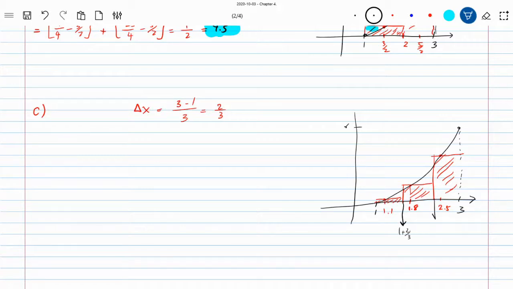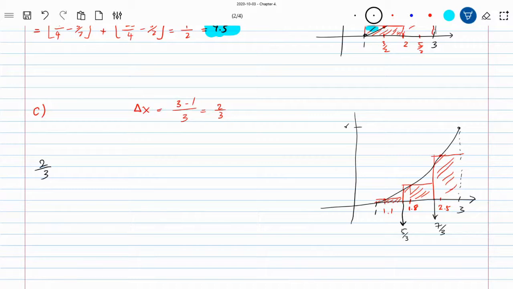The next one here should be 1 plus 2/3 plus another 2/3, because it should be 2/3 apart from the one before. So you can simplify these numbers and find the exact location. So this one is 5/3, and here you have 7/3. And 3 minus 7/3 is exactly 2/3. So we've divided this interval into 3 equal pieces.